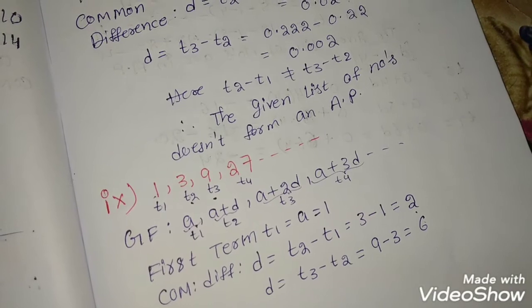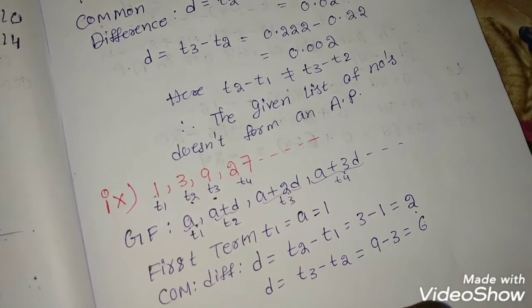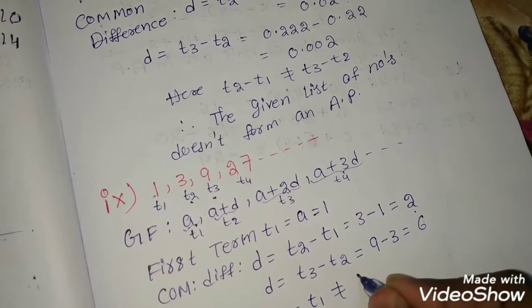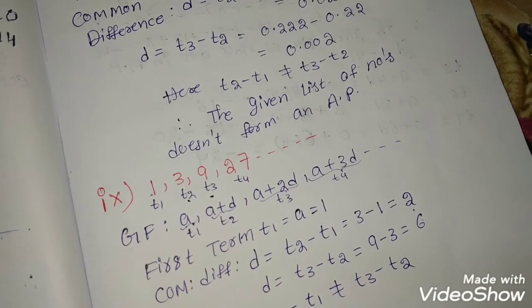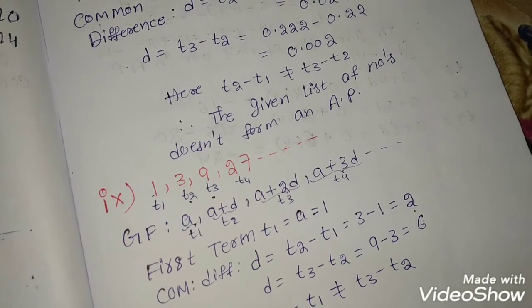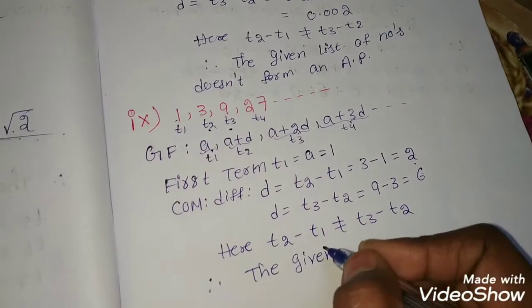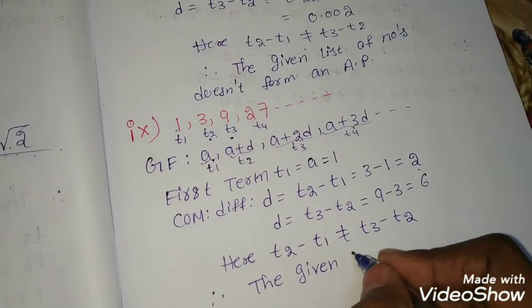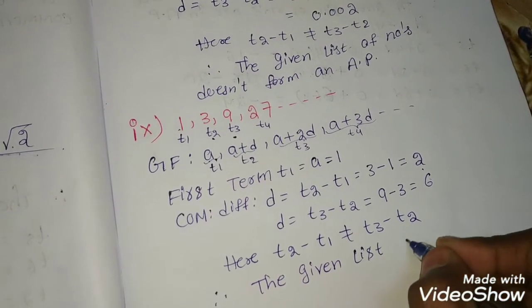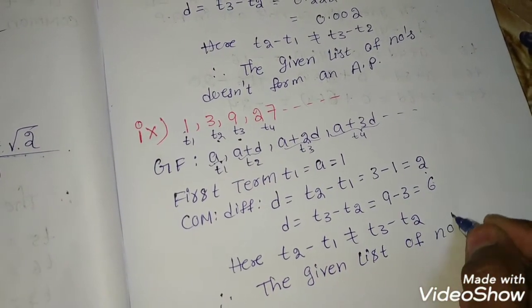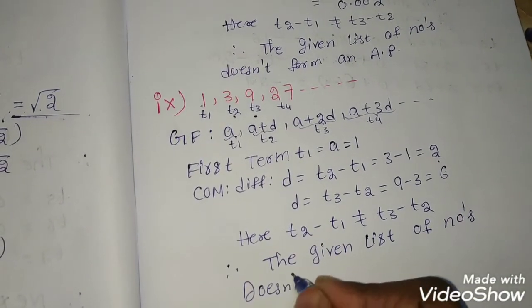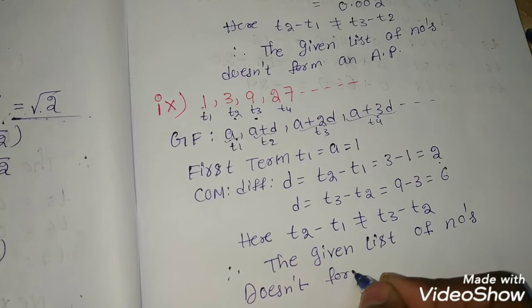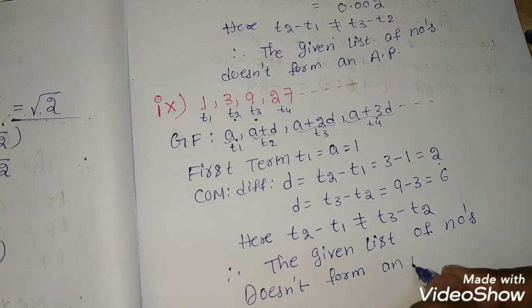Here T2 minus T1 is not equal to T3 minus T2. Therefore, what you can write? The given list of numbers does not form an arithmetic progression.